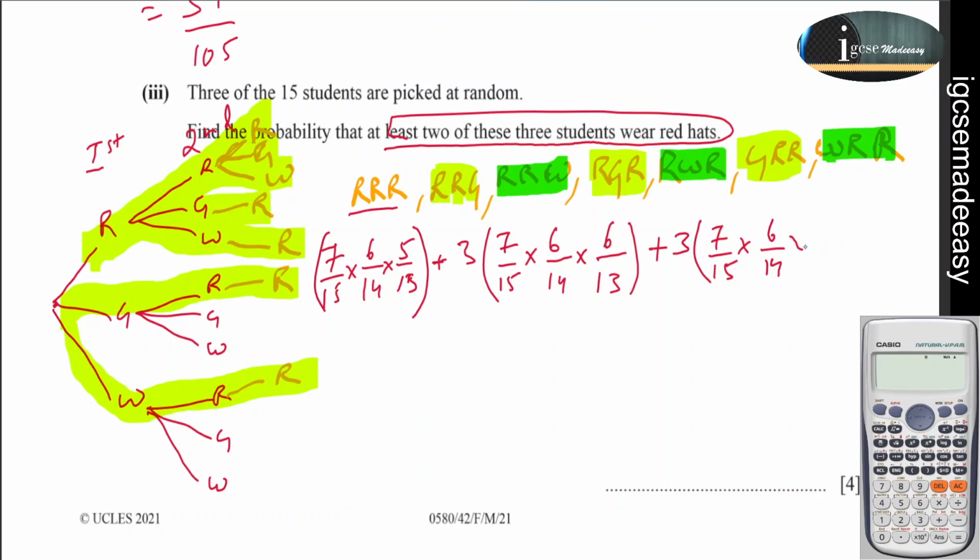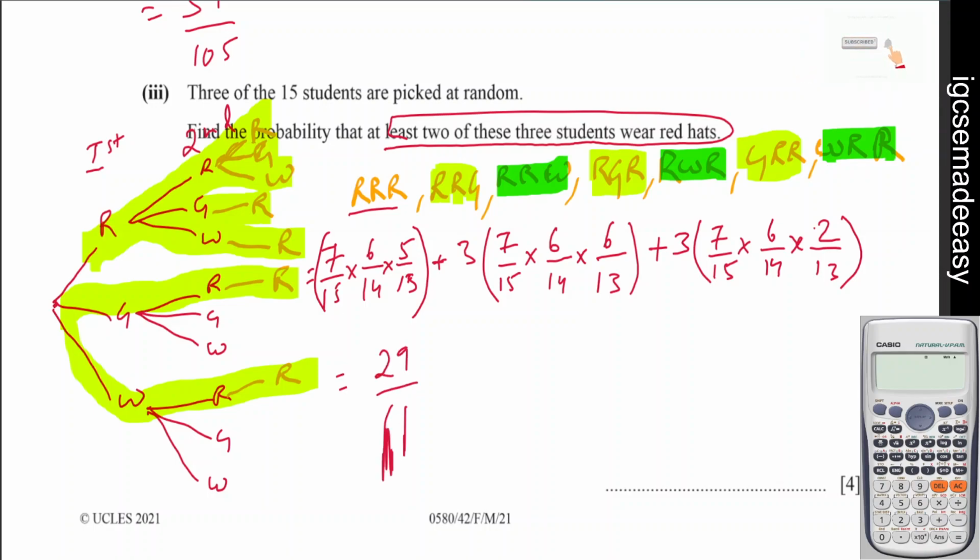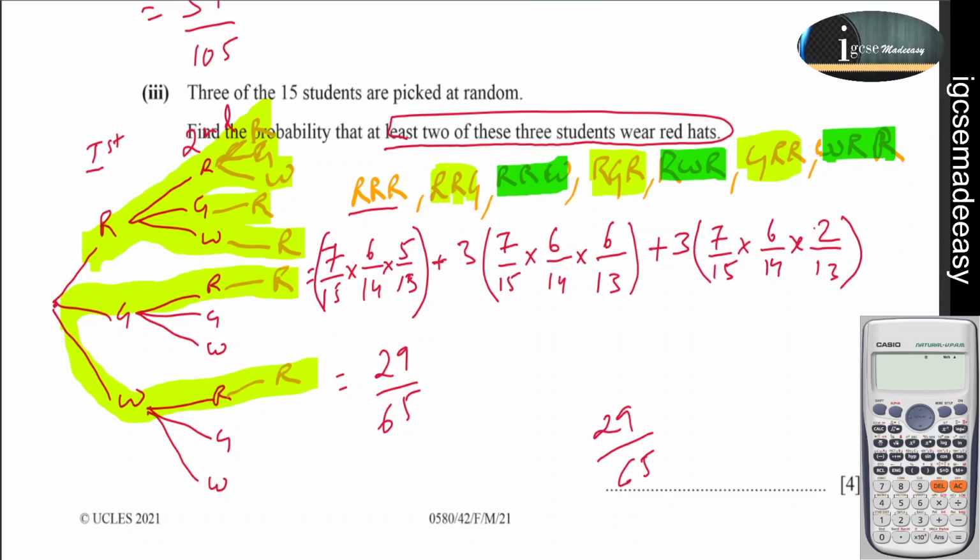And in the case of W, we did not take any W till now, so W will be the same as at the beginning, that was 2, but the total count will be reduced, because from the beginning we took 15, then 14, now it will be 13. I hope you understand now. If you multiply all these things using a calculator, you will get your answer, 29 by 65. So this will be your final answer.